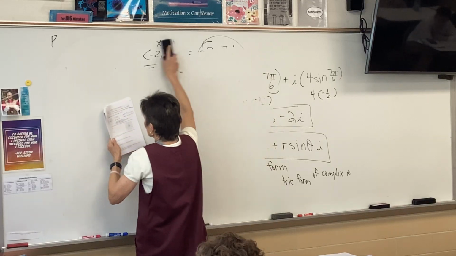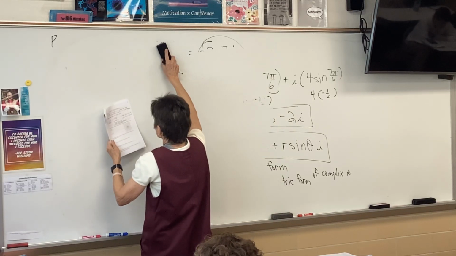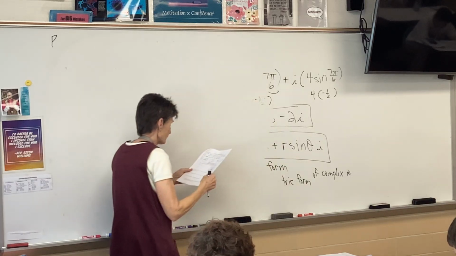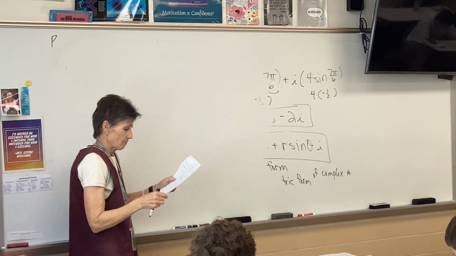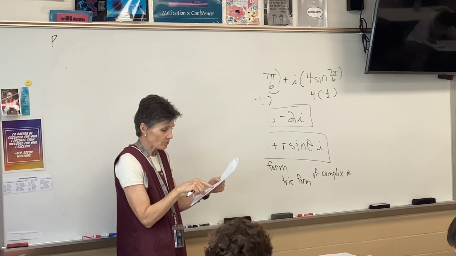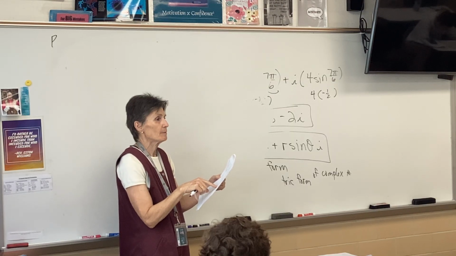Number 1, plot the point on the grid. Okay, you can do that. So pi over 3 is labeled, go out 3 circles, 1, 2, 3, you got it, right?